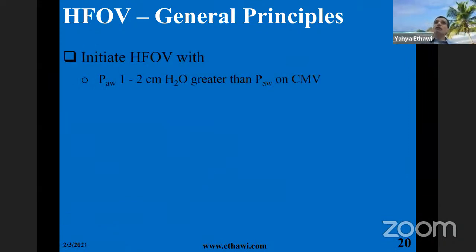Now, how do we initiate high frequency? We observe the mean airway pressure on conventional. Then we select a mean airway pressure in high frequency to be 1 to 2 centimeters above the mean airway pressure on conventional.